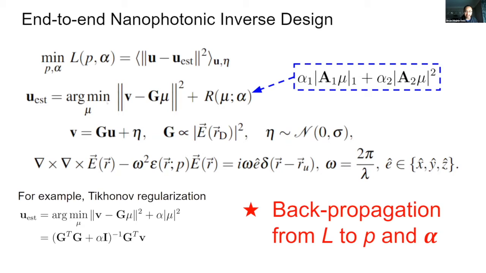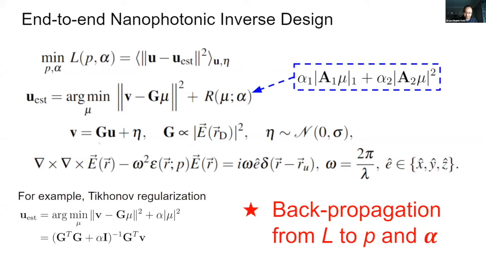In that reconstruction problem, we have to minimize a data fitting term, which is a model of how your image is formed on the CCD sensor, given the nanophotonics that you have, plus some regularization term that I'll explain a bit later.